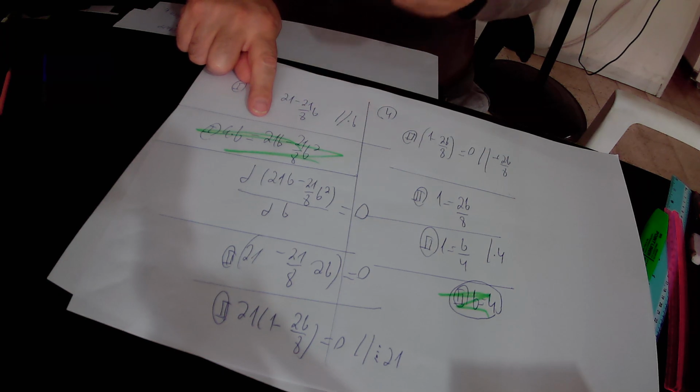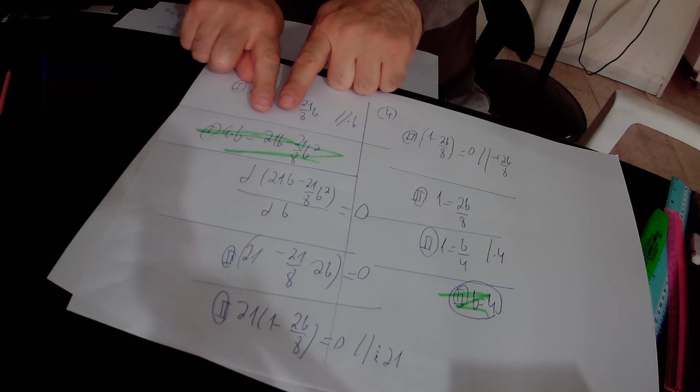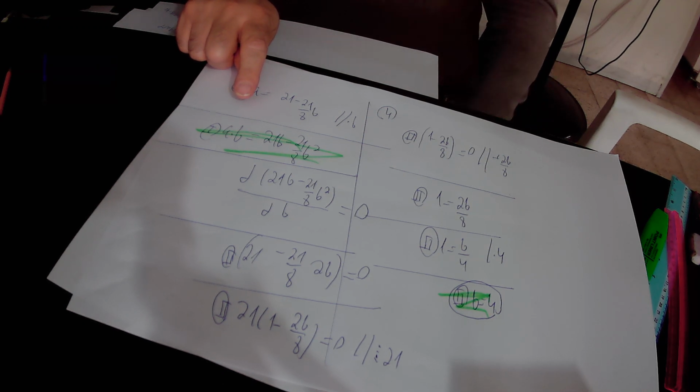So, what is the value of B for which the area, A times B, will get the maximum value? That is our mission in order to find the maximum value of the area.